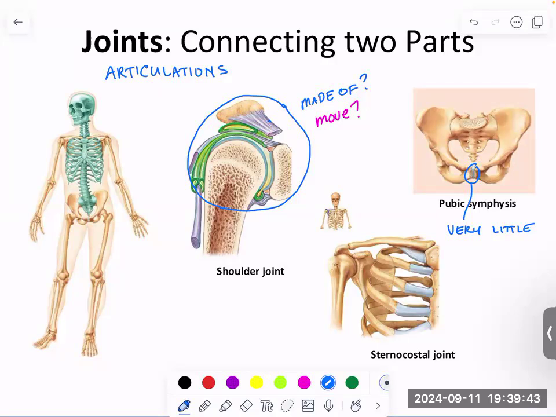It moves just a little bit so it doesn't snap. There are some joints that don't move at all. So we have to start thinking about, what are they made of? How do they move? These are the two most important questions that you need to ask yourself when you're thinking about how to classify a joint.